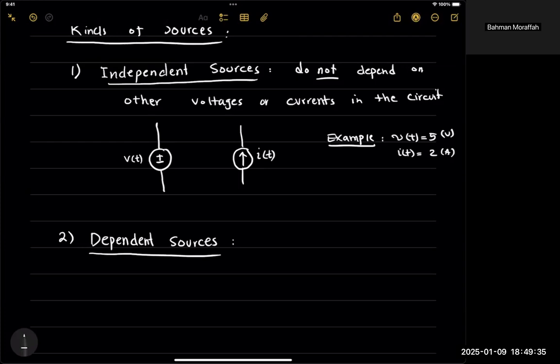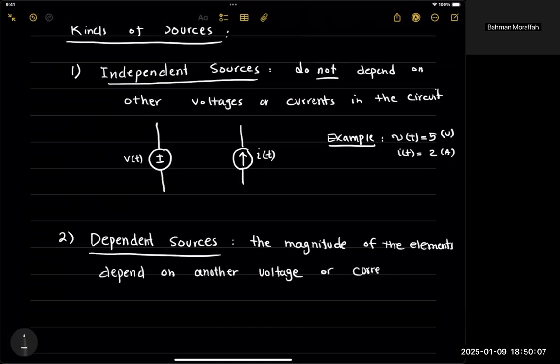Dependent sources are basically elements in the circuit whose value depends on another voltage or current in the circuit. So the magnitude of these elements depends on another voltage or current in the circuit.